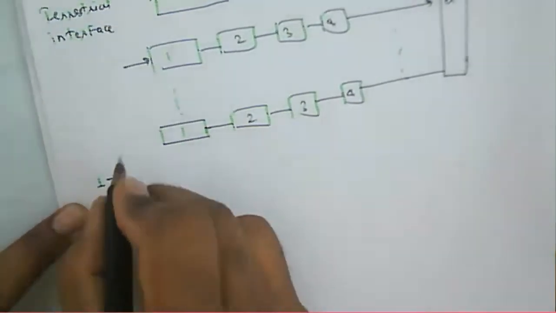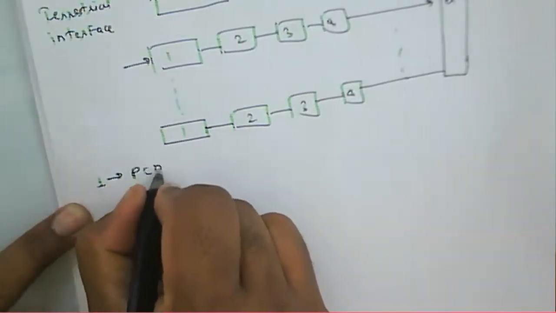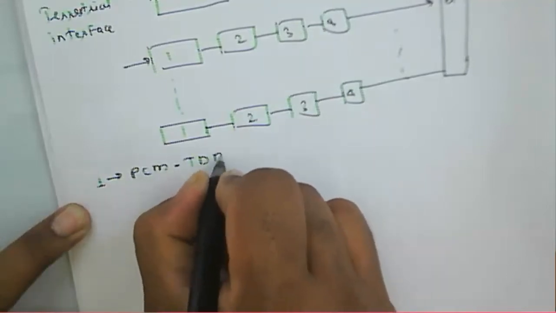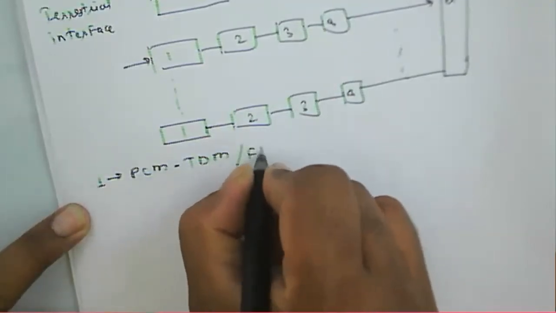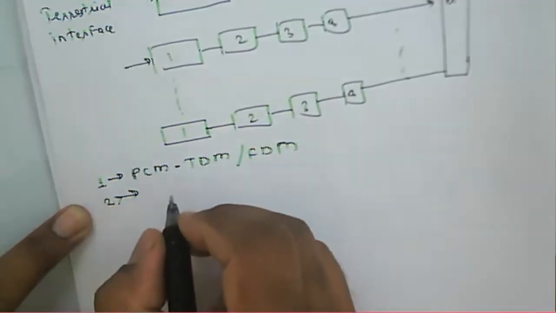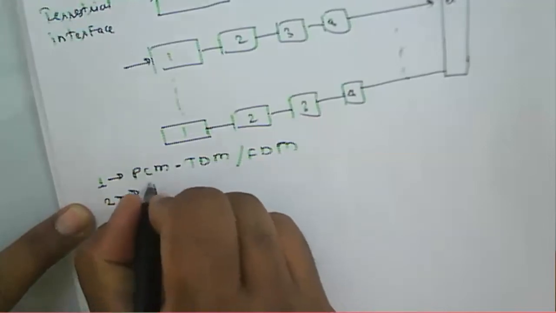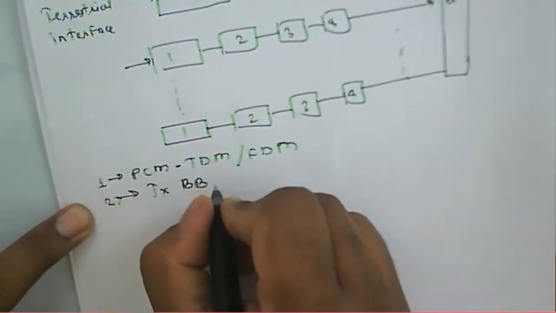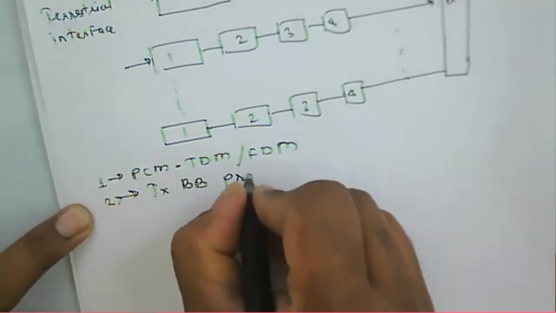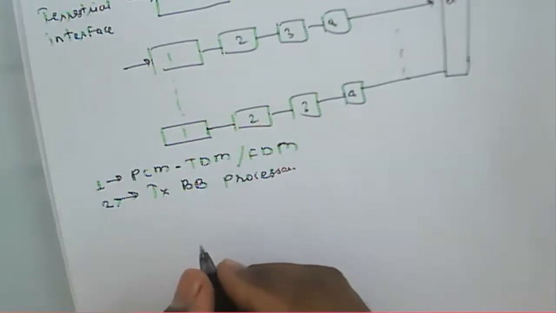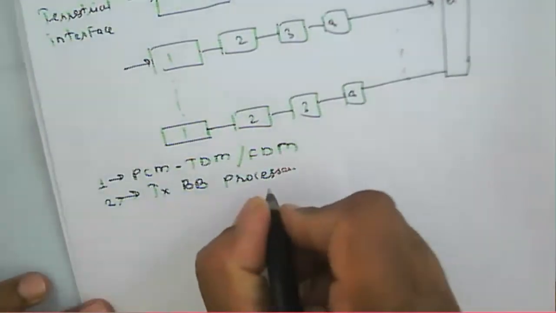One is the PCM, TDM, FDM. Then second is the transmitter baseband processor.